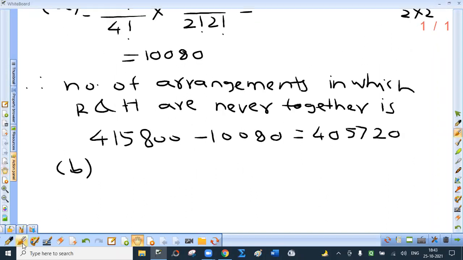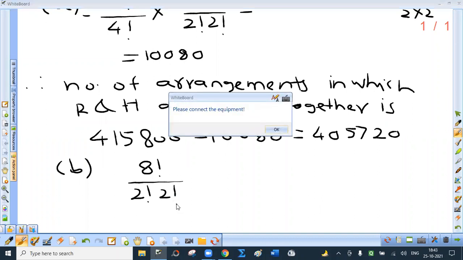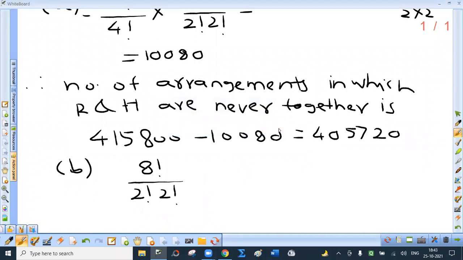Now these 8 letters include H twice and R twice. So upon 2 factorial into 2 factorial. Now these 4 vowels can be arranged among themselves in how many ways? One way only, because each of the 4 vowels is A. Okay. So this is the final answer.